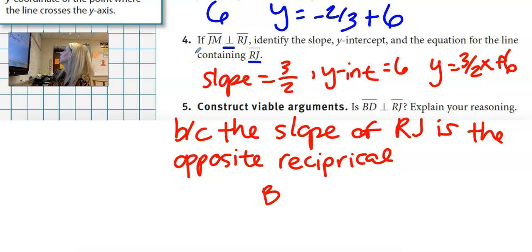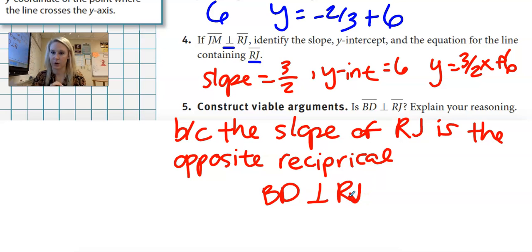Because the slope of RJ is an opposite reciprocal, then I know BD is perpendicular to RJ. Okay? So if it ever wants you to justify your reasoning for perpendicular, you're going to need to find your two slopes and then prove that they are opposite reciprocals and then drop that vocab word.